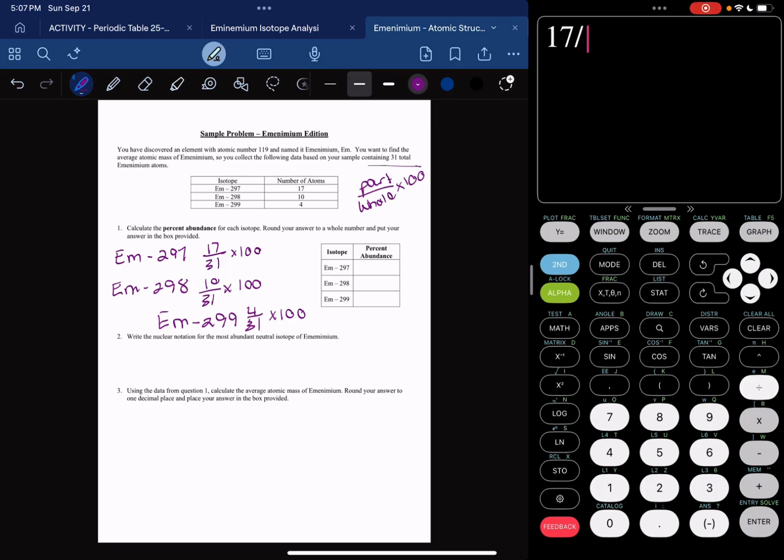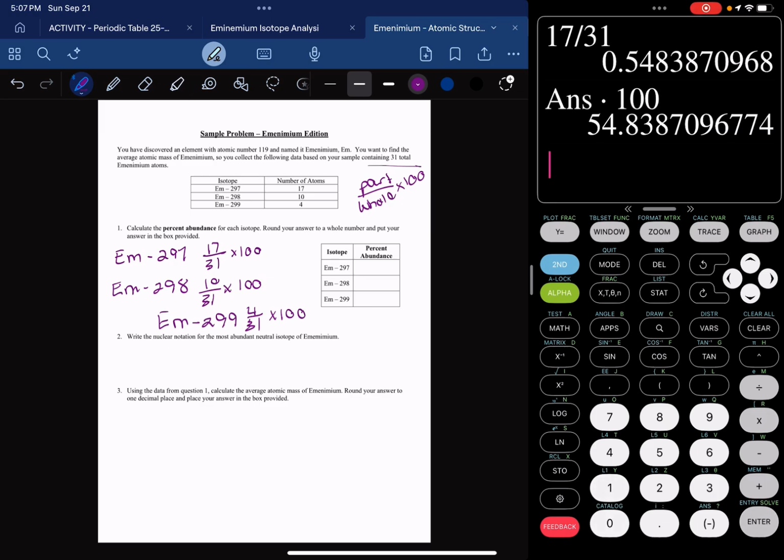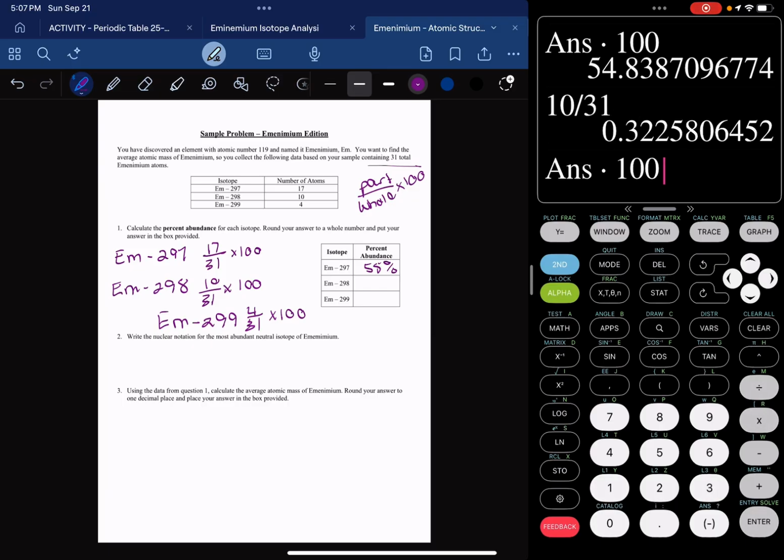So 17 divided by 31 times 100. And it says round your answer to a whole number and put your answer in the box. Okay, so if we were to round this answer, then we would have 55%. All right, so now we're going to do 10 divided by 31 times 100.